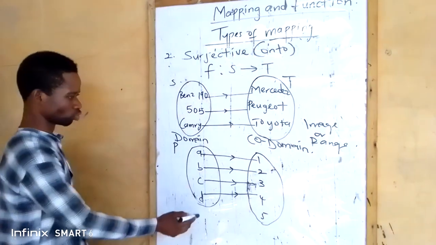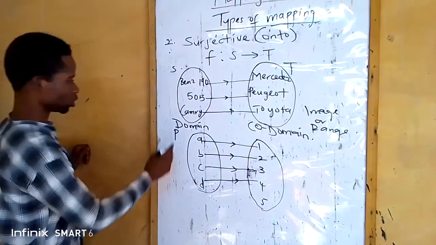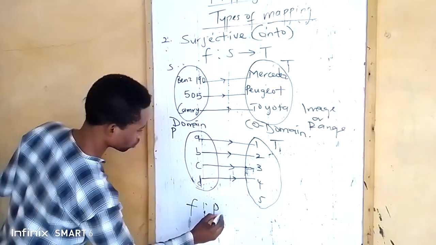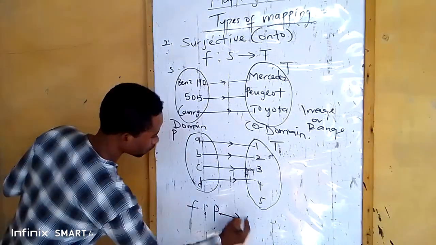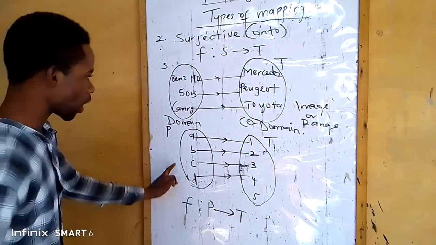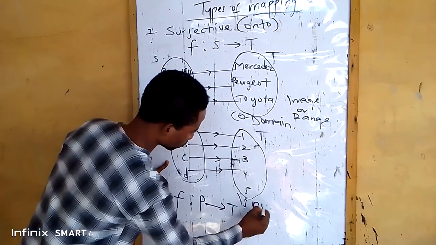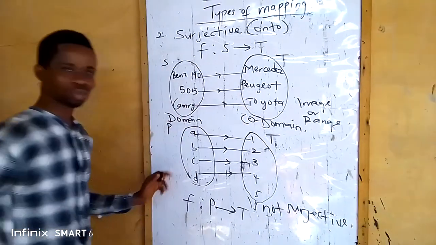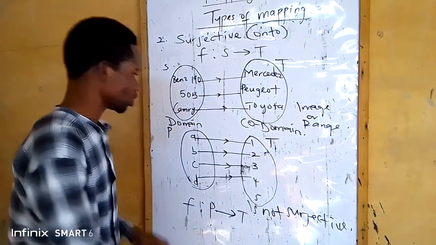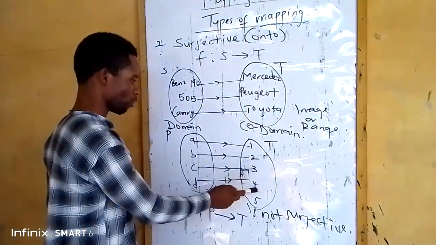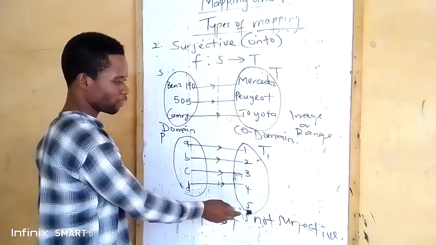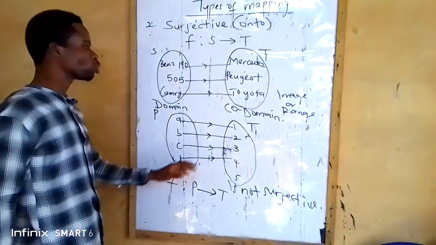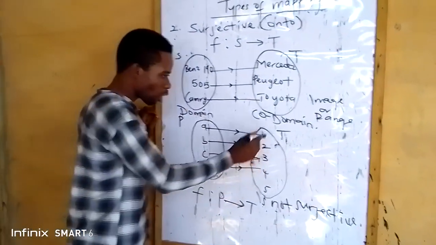If you look at this number 2, the function F of P, so that P is in relation to T. Now if you look at this one, it's not surjective. Why? Because 1, 2, 3, 4 is only the image, but 1 to 5 is the codomain.